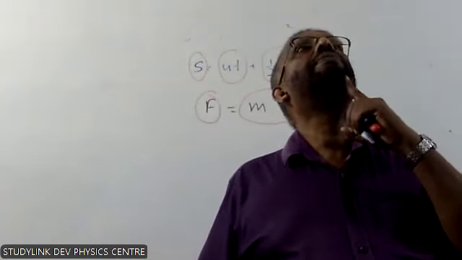So acceleration dimension LT minus 2. Time T. Then these two are to be considered or added together: LT minus 1. Then the dimensions of all terms are the same. Therefore, the given equation is dimensionally correct. You write like that.